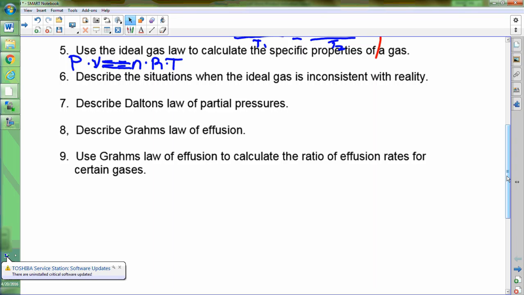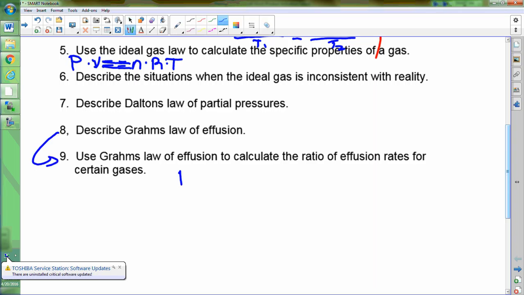Not too hard. Graham's law of diffusion basically just states things with lower molar masses are going to effuse faster. They're smaller, they're able to find their way through the holes easier. But we also have an equation for that. That goes into number 9 here.